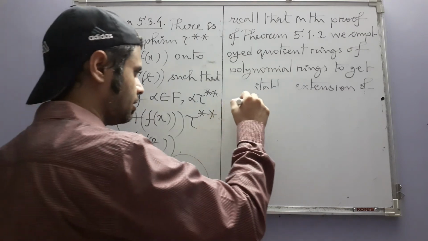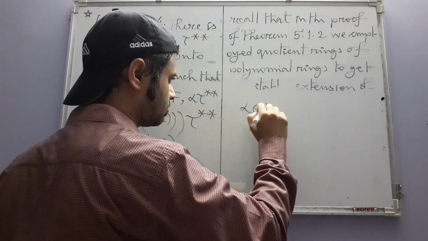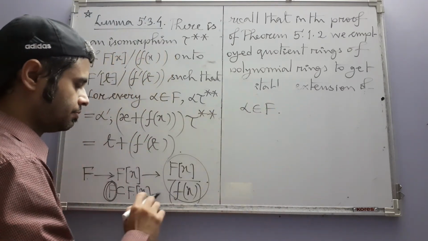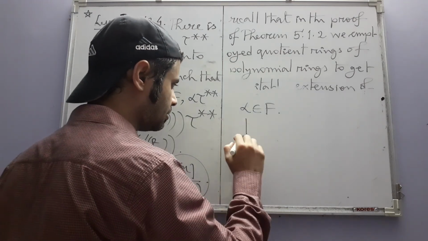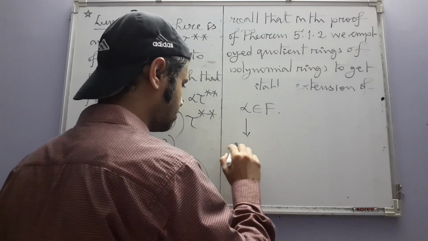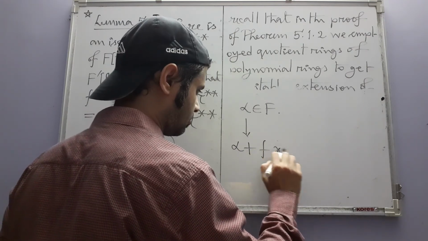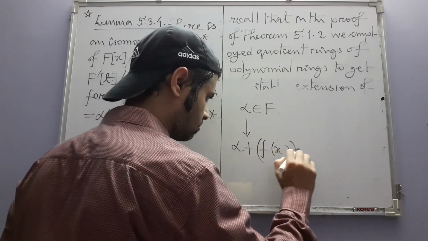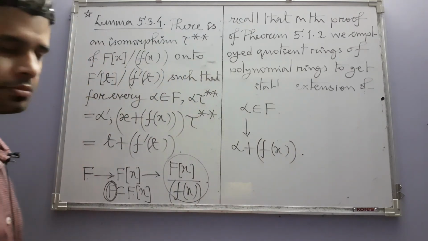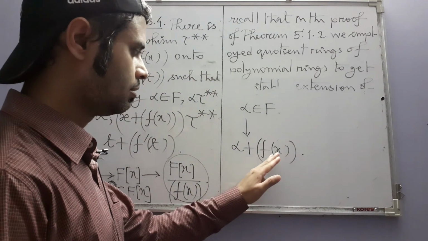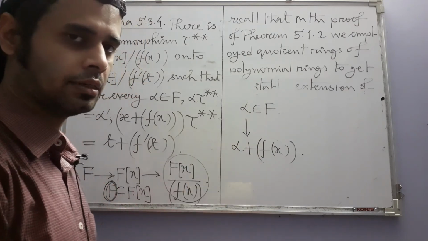You take a field element alpha, you identify that with this coset of the principal ideal generated by f(x).